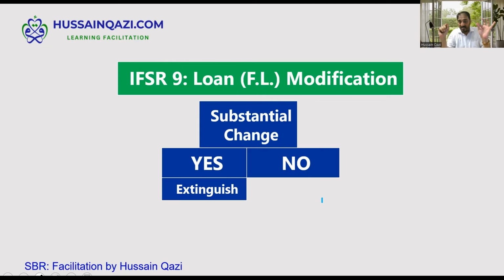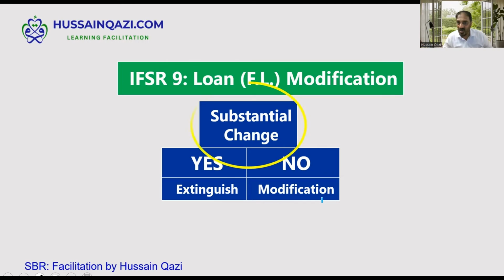If the assessment says substantial change, no, the accounting name is modification. Don't mix this modification name with loan modification. This is a terminology. So students, the whole accounting is based on the assessment of substantial change.